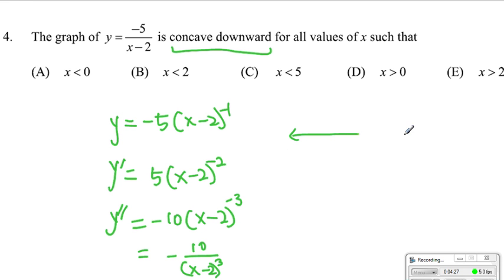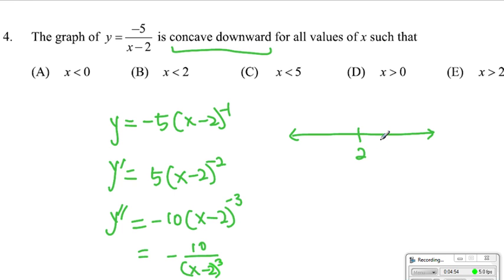Now, in this case, yes, the second derivative will never be equal to 0, but one thing that we realize is when x equals 2, this will not be defined. So we can, in fact, use the number line with the value of 2, somewhat similar to a critical point. Then what we end up getting is this.